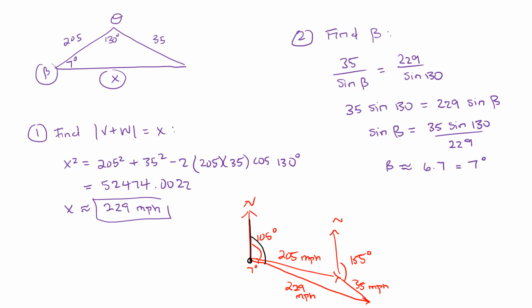So in other words, it's going to be 105 degrees plus 7 degrees, which is going to equal 112 degrees. So the true course of the plane is going to be 112 degrees. And we used beta to help us find that. Okay. All right. That concludes section 7.3.